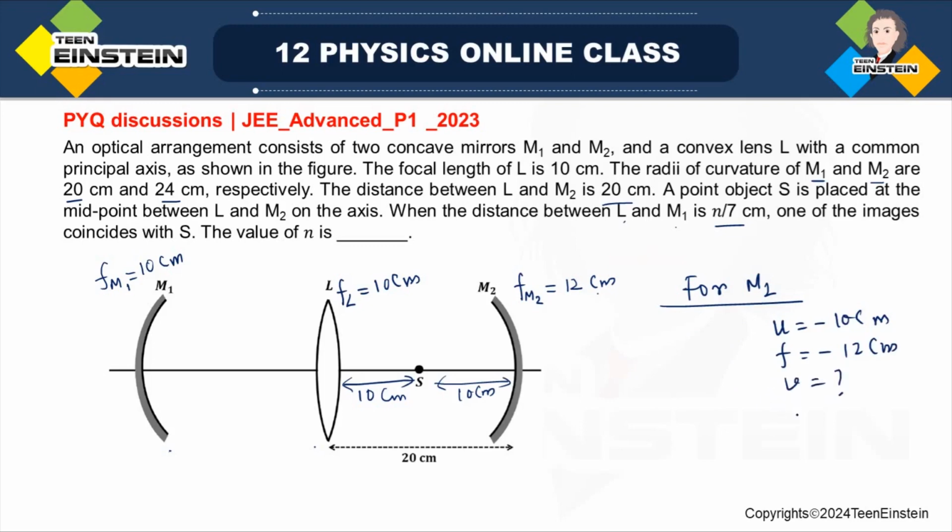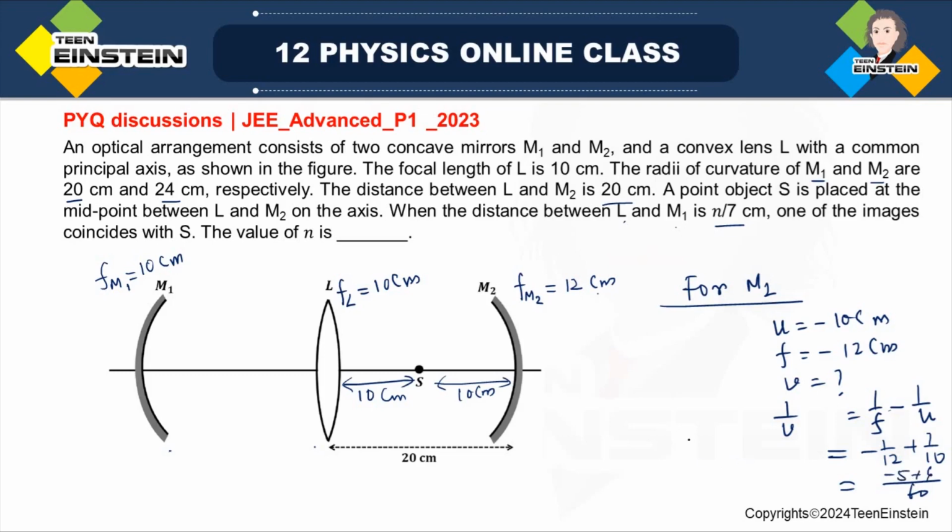For a mirror we know 1 by V plus 1 by U is equal to 1 by F. Then if I take this U to the other side, I'll get minus of this. So if I take the values of F and U with proper sign, then I get minus 1 by 12 plus 1 by 10. If I do the LCM, you will see here it is 60, and you will get minus 5 plus 6.